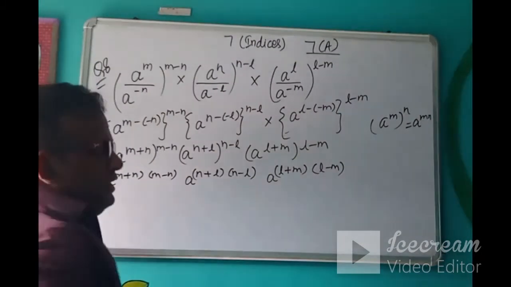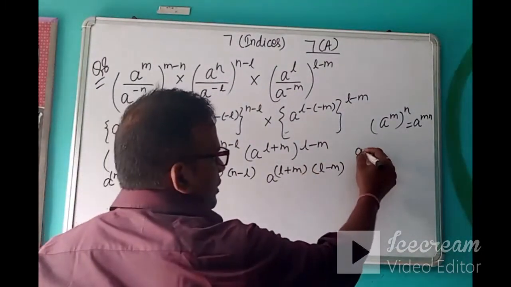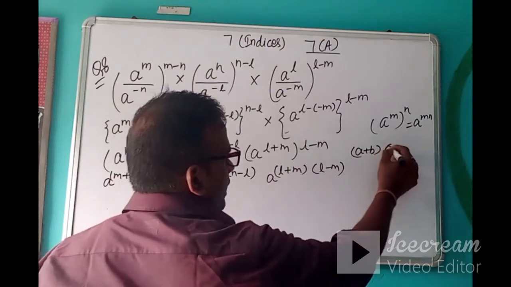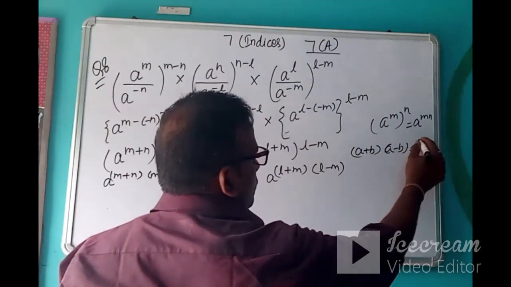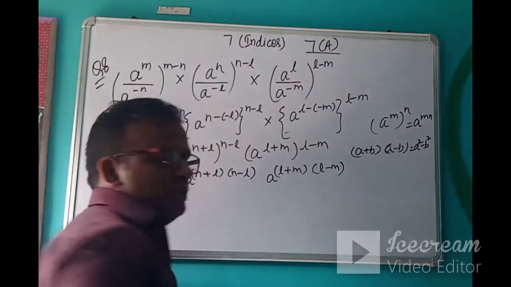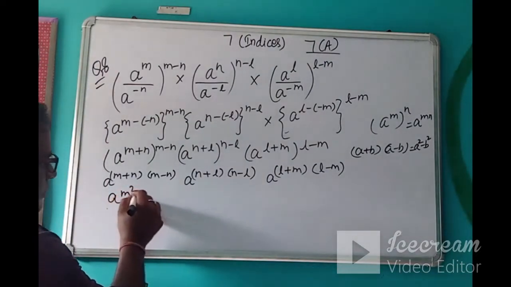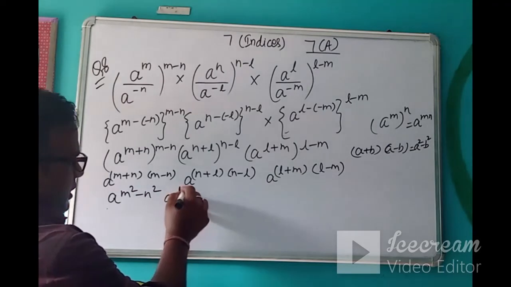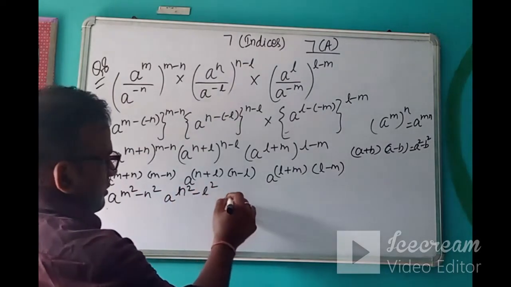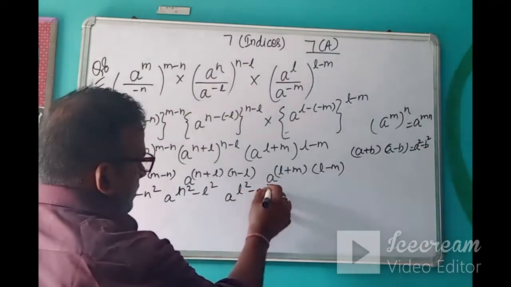Now if you see very carefully, it is something like a plus b into a minus b. So what was the product we have studied in the expansions? a square minus b square. So it becomes a to the power m square minus n square, n square minus l square, l square minus m square.